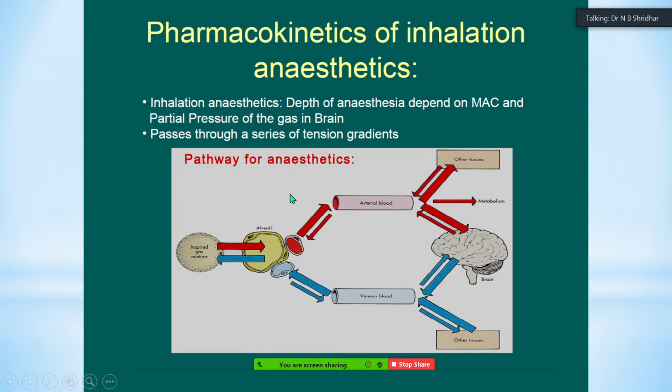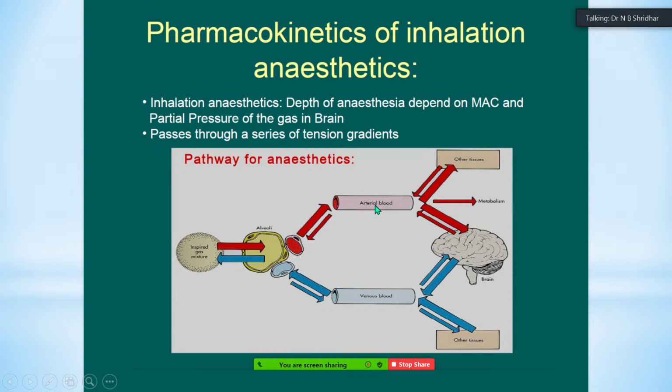Here you can see that the gas mixture is administered through the lungs, and it passes through a series of tension gradients, and there are varieties of factors, number one being the arterial pressure and venous blood pressure. Whenever the anesthetic is administered, it enters the alveoli, and the surrounding blood capillaries take up that anesthetic agent into the arterial blood.